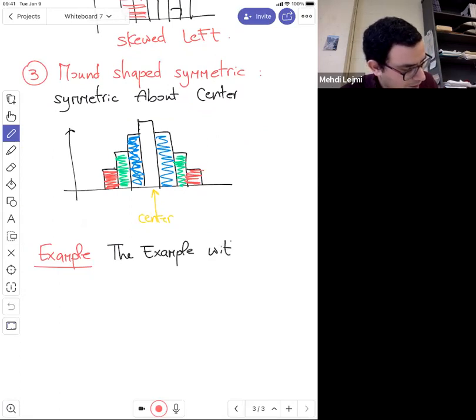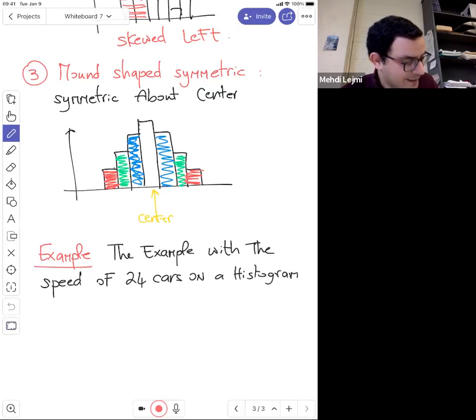This is the example with the speeds. The speed of 24 cars on a highway. We had this example last week, right?